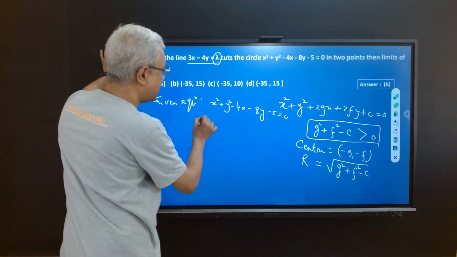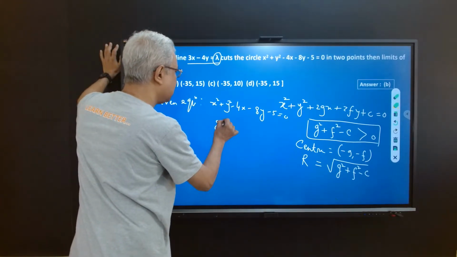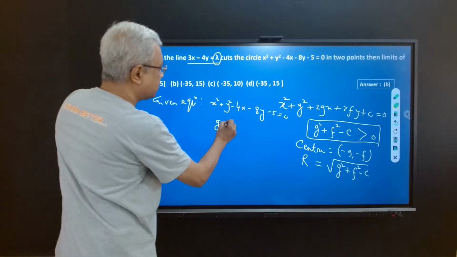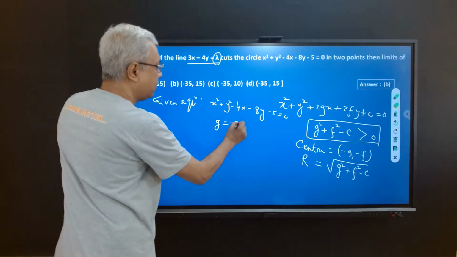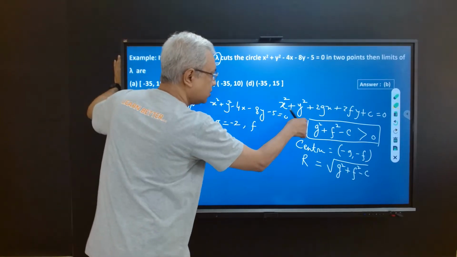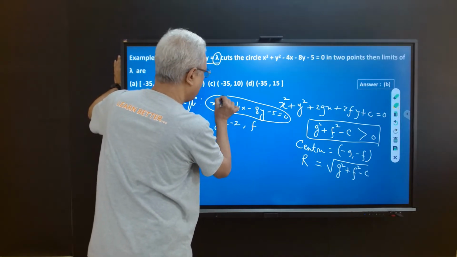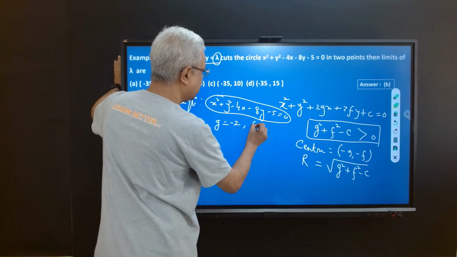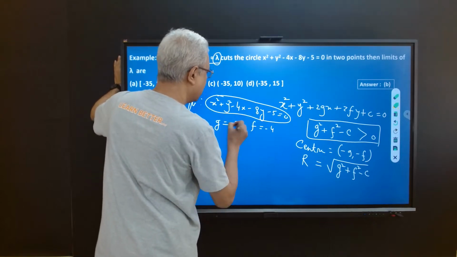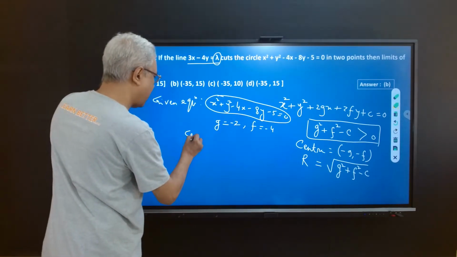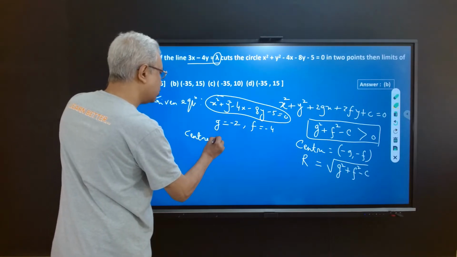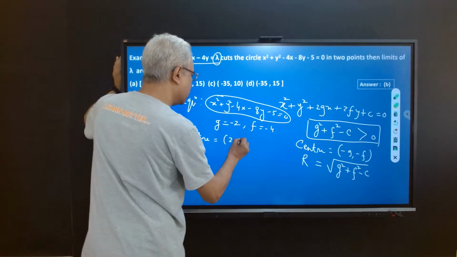So what is the center? g is minus 2, and compare this equation with the standard equation, f is minus 4. So the center of the circle is (minus g, minus f), so it is (2, 4).